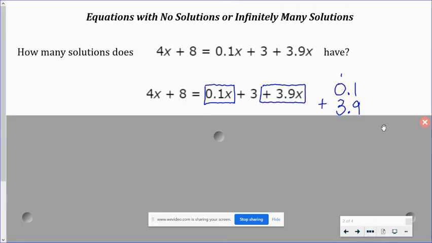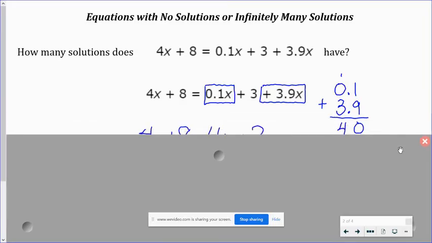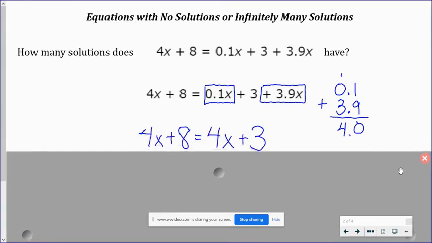So combining our like terms, 1/10 plus 3 and 9/10 is equal to 4 whole x's. So when we rewrite our equation, we did not touch the left-hand side, so you're going to see that brought down. And we've combined our x terms on the right as 4x, bringing down our 3.